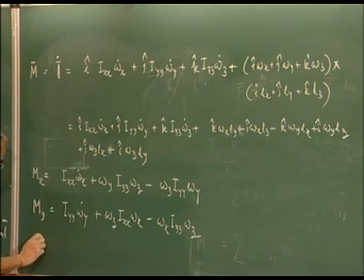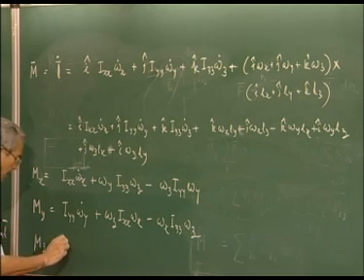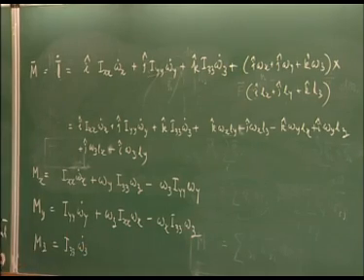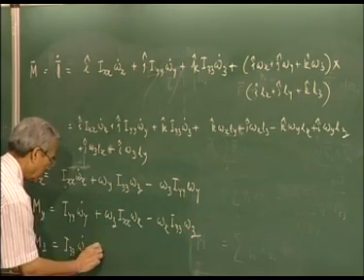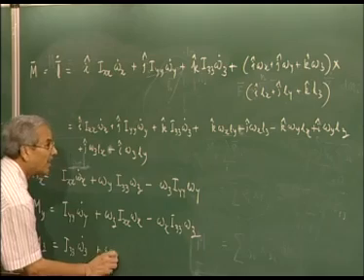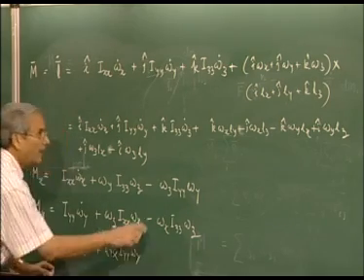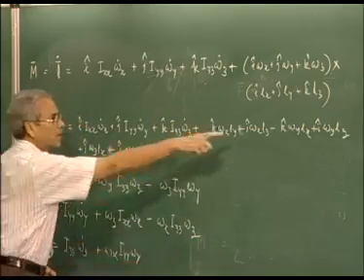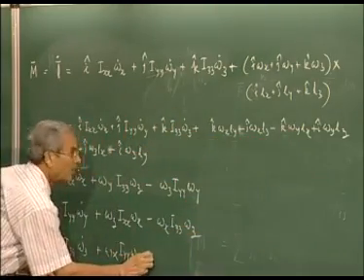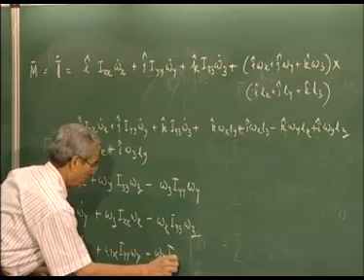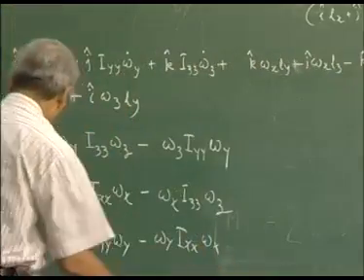And Mz will be the k part, that is Izz omega z dot plus omega x Iyy omega y, this term, minus this term.